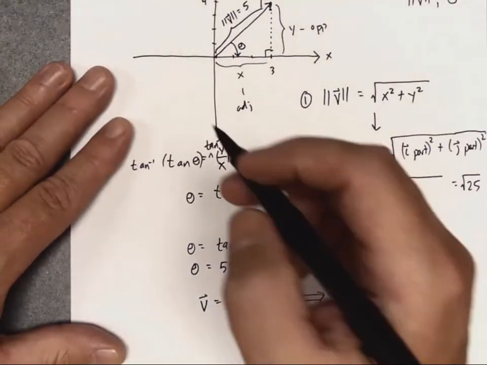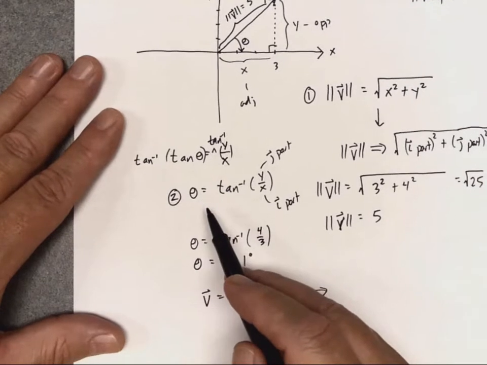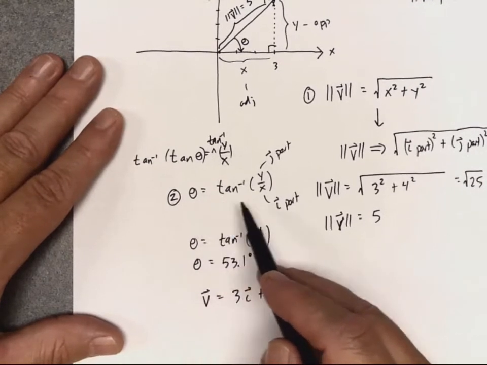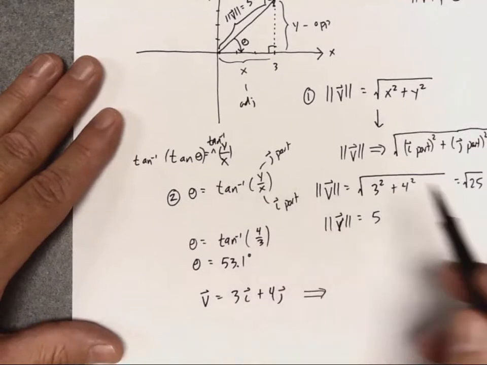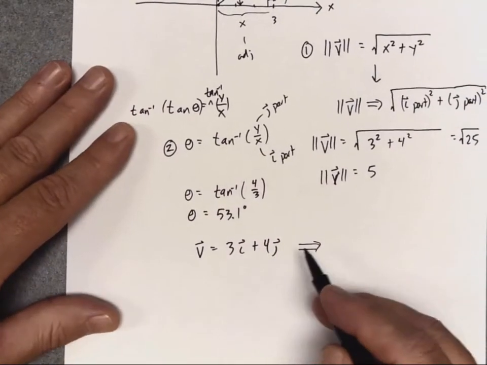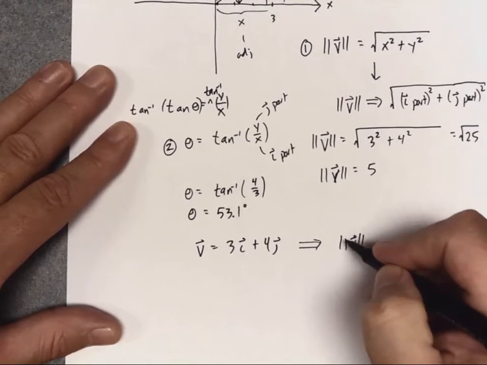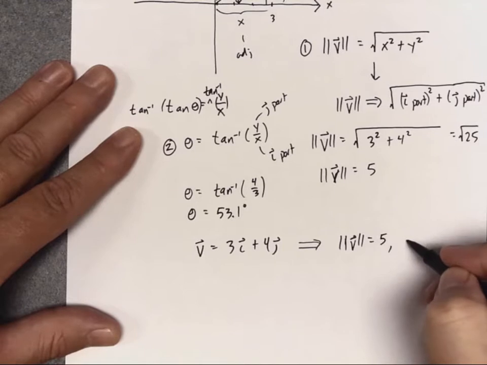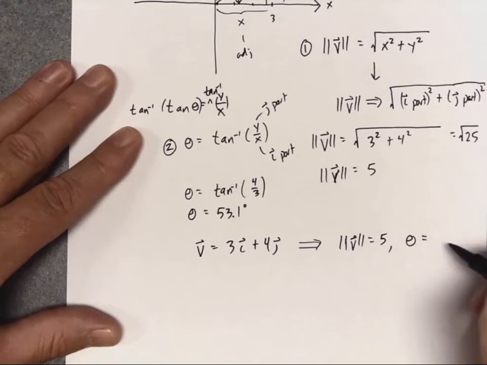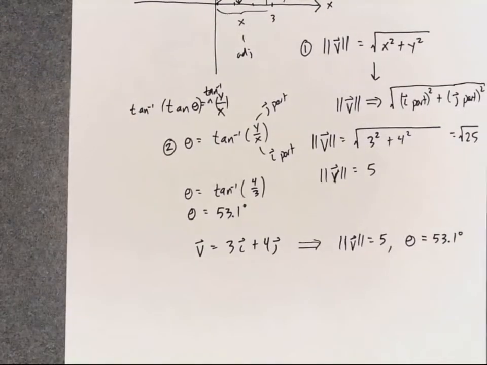And then the second formula tells us how to figure out the angle or the direction. And once again, you see x and y here, just think i part, j part. So when we do a problem like that, we realize that the magnitude for this vector ended up being 5, and the direction ended up being 53.1 degrees.